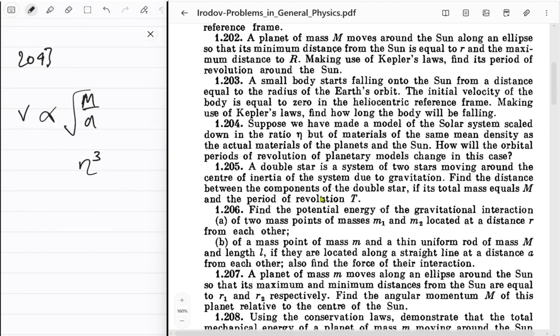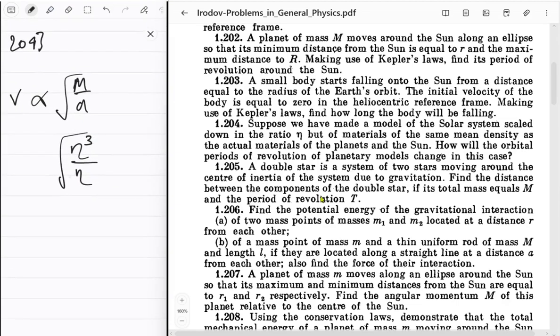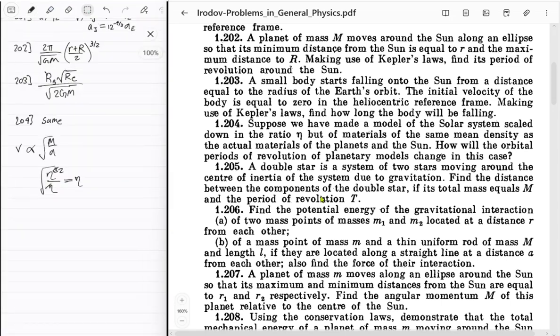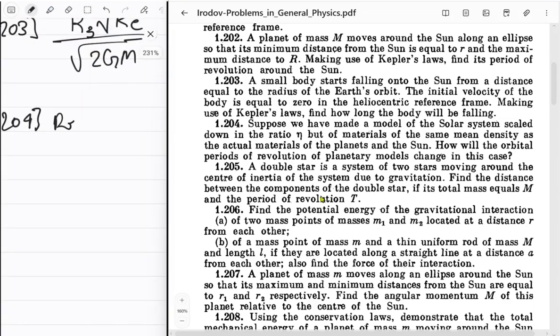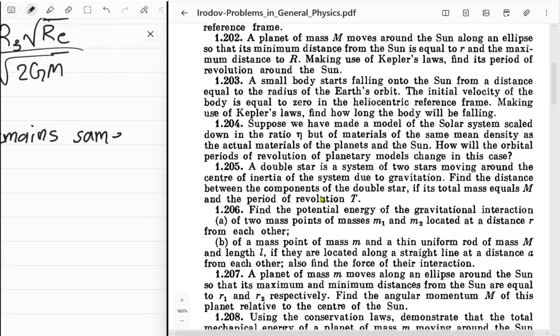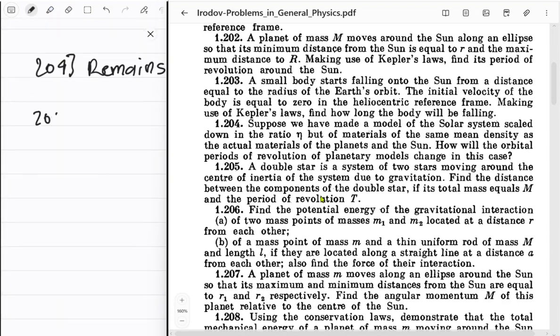And then this thing is eta, and the square root of that gives, perfect, it's just equal to eta, as I thought. So the velocity is also scaled down with the same factor. So yeah, the time period won't change. It remains the same. So the answer would be: remains the same. Cool.